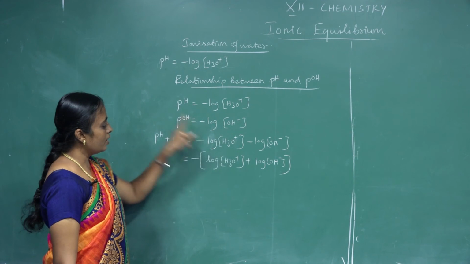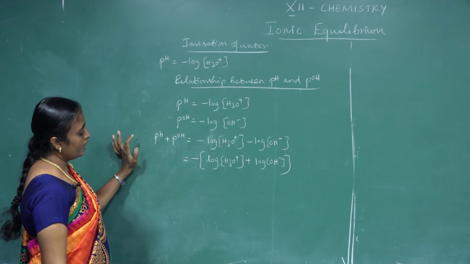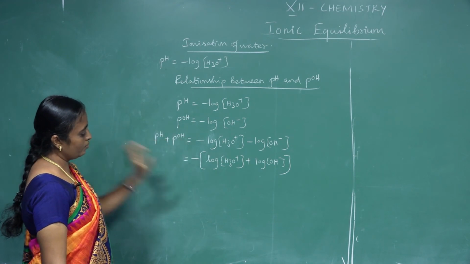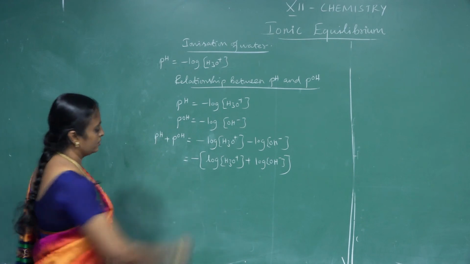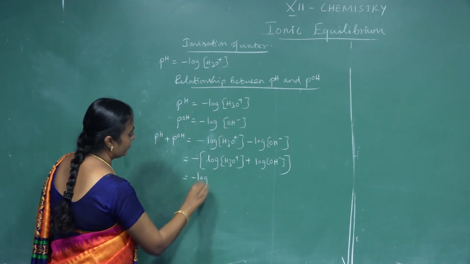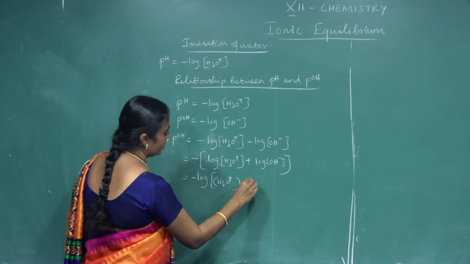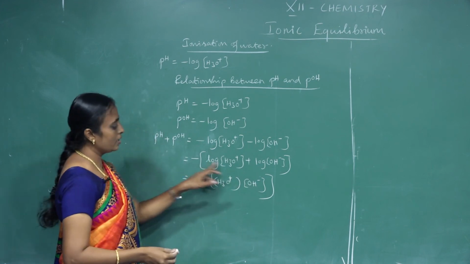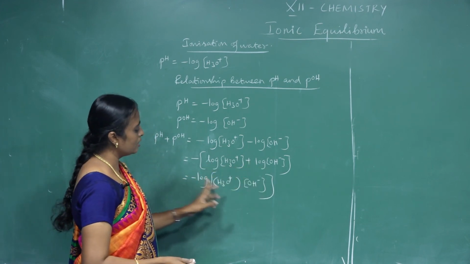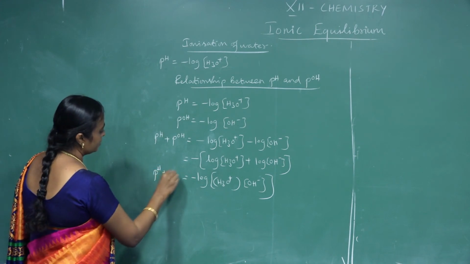Minus of log of OH minus is equal to pOH. We know that log A plus log B is equal to log of A and B. So that gives pH plus pOH.